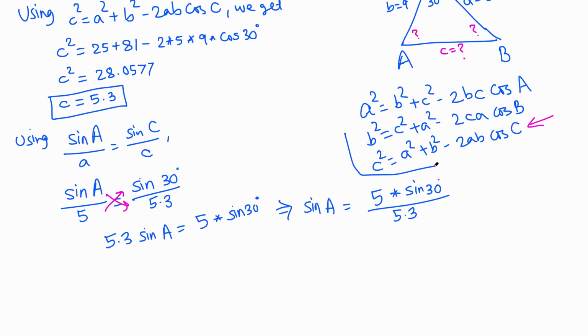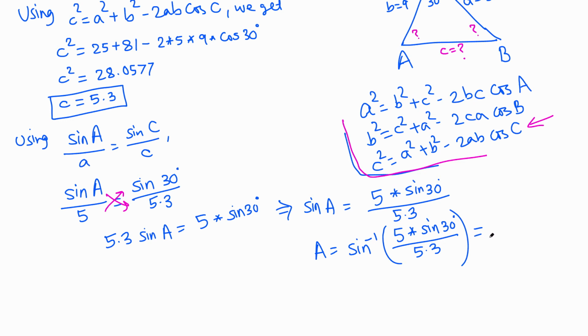Now to find angle A, we have to take the inverse sine. Then A is the sine inverse of this, 5 times sine 30 over 5.3. Enter everything in one time, or if you want to write down decimals, use about 6 decimal places, and it comes out to be 28.14.